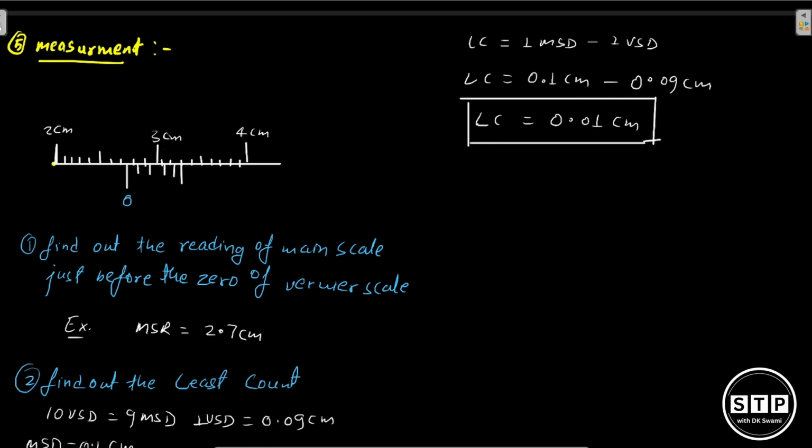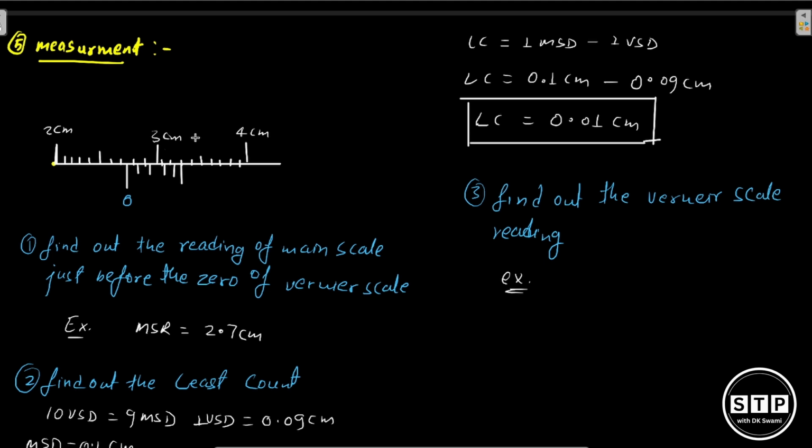The next step in this example is to find out the Vernier scale reading. Here, this is the Vernier scale division which is matching with the main scale.